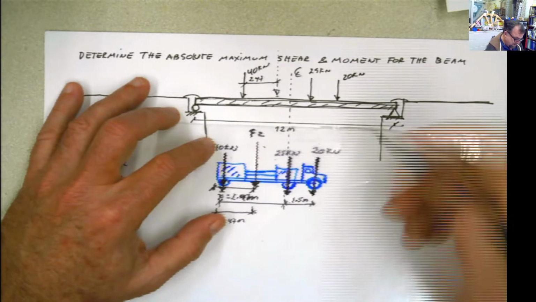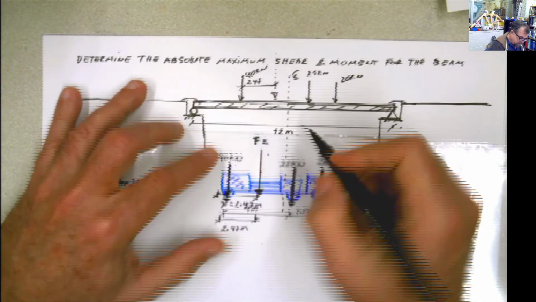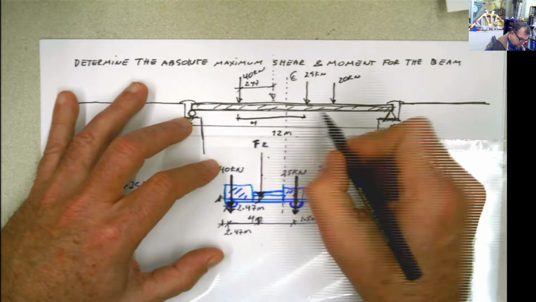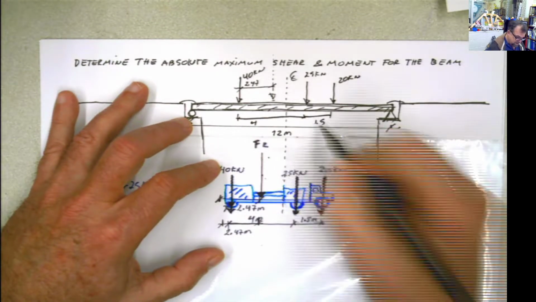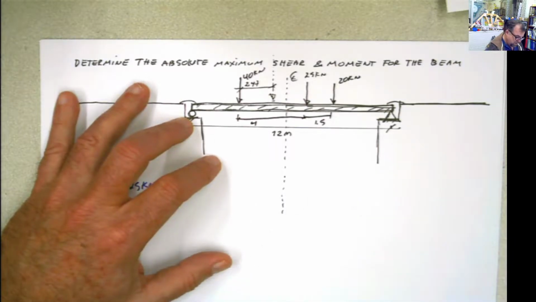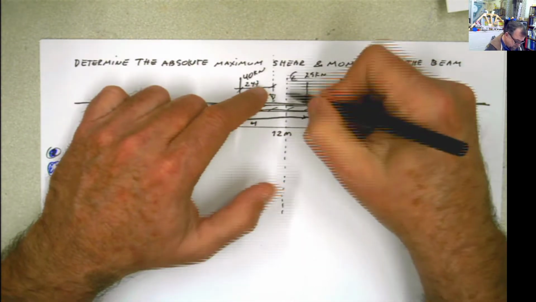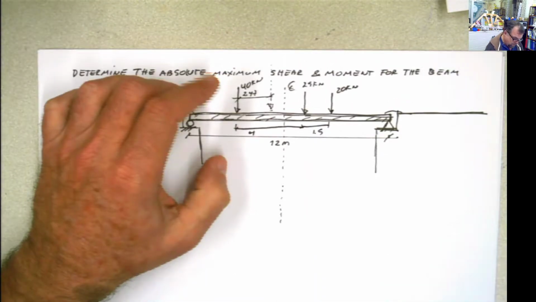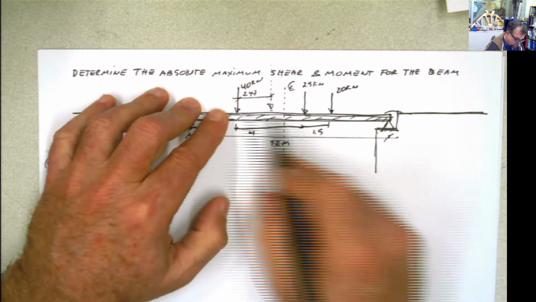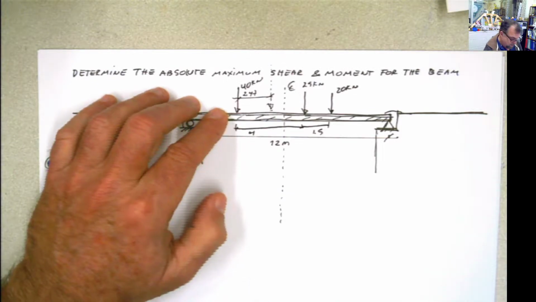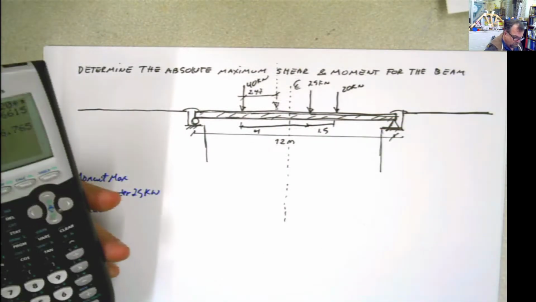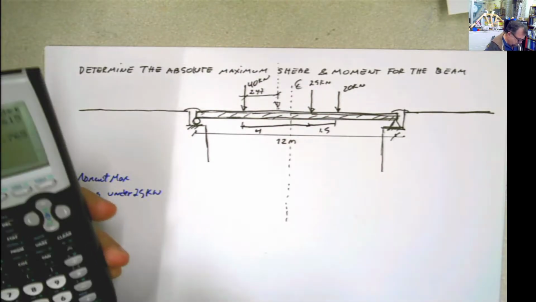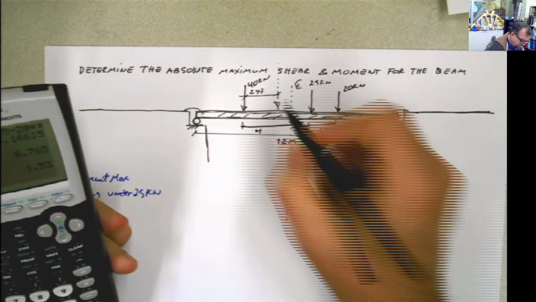Now the total distance here was 4, and this was 1.5, which is given in the geometry of the truck. So 4 minus 2.47 is going to be 1.53.